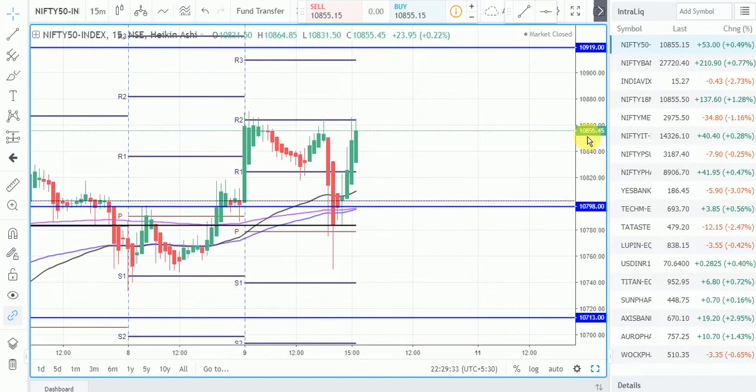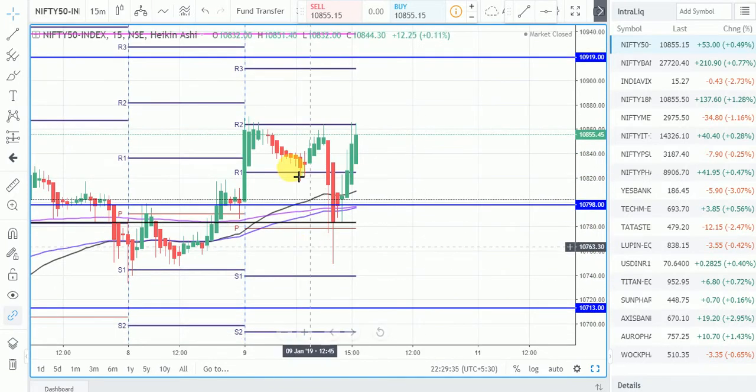So if you see the current Nifty, exactly around what time, it's 13:30, right? What was the lowest it made? 10749, right? At what time? It is at 2 o'clock, right? And what about the other candle?